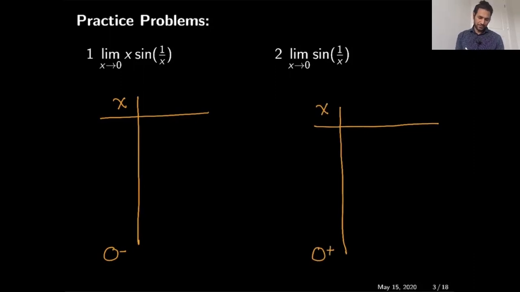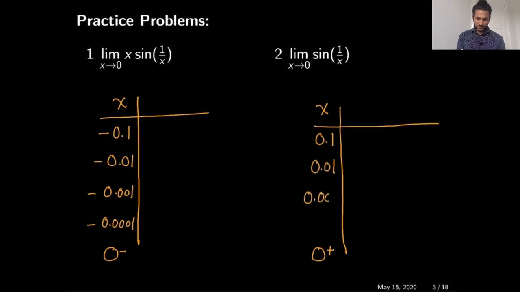If we approach 0 from the left, I can start with minus 0.1, minus 0.01, minus 0.001, and minus 0.0001. And on the right side, 0.1, 0.01, 0.001, 0.0001. So let's get the calculator and plug these values into our function and compute the y values on these x values.